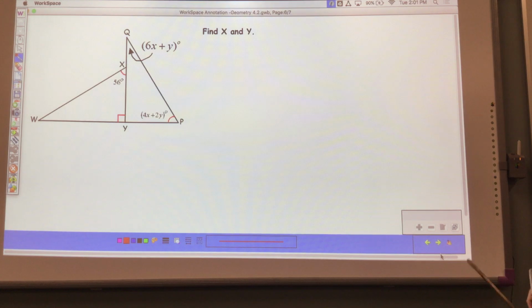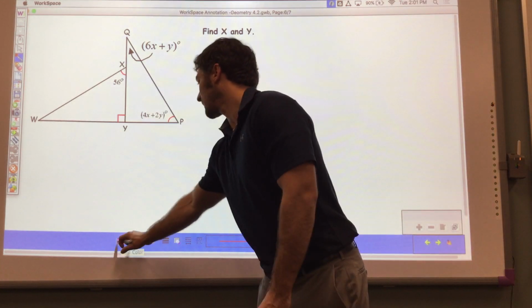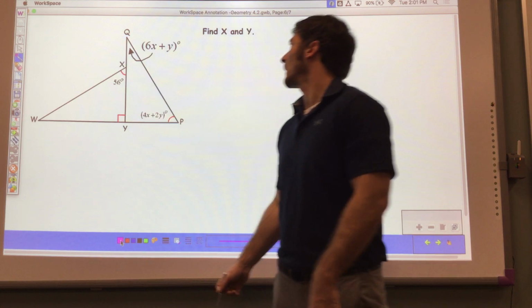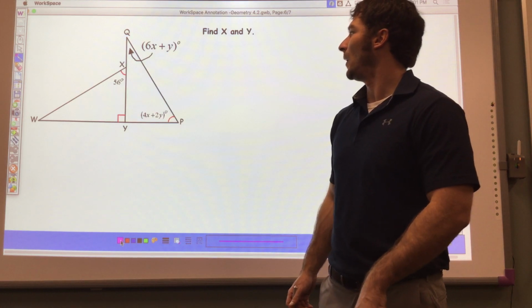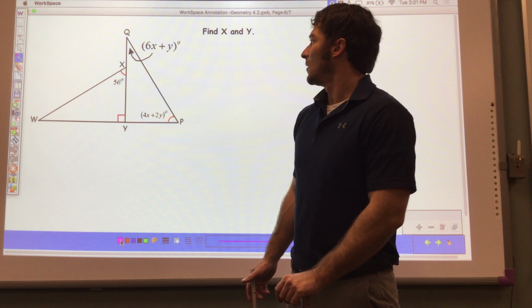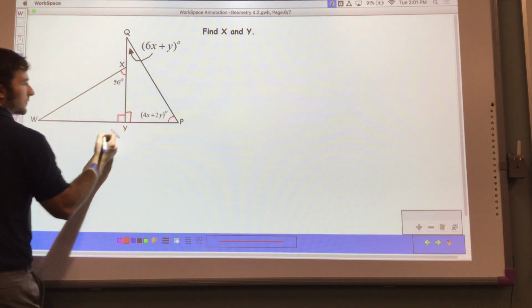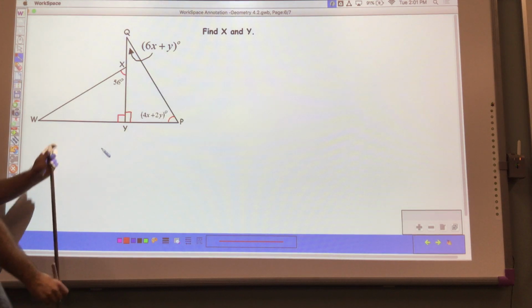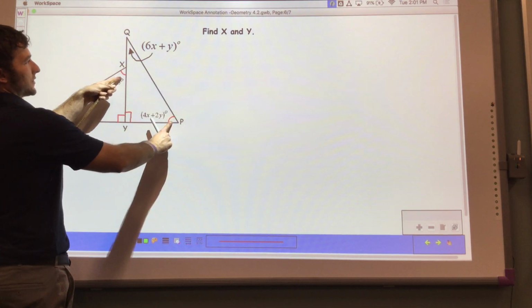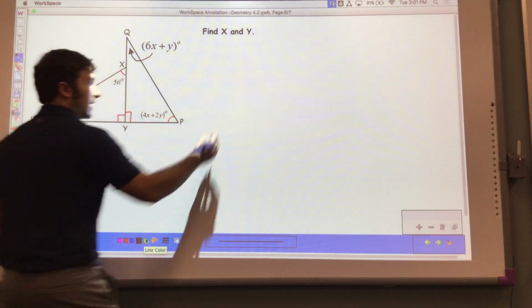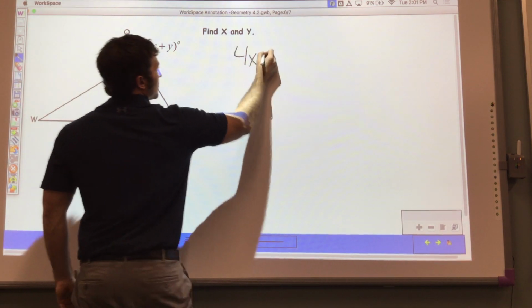And just one last example. This one's got some trickier algebra in it, so that's why we're going over it. Got to solve for x and y. Well, we have another 90 here, and we got these two. Well, that tells us straight up that 4x plus 2y equals 56, so let's write that.